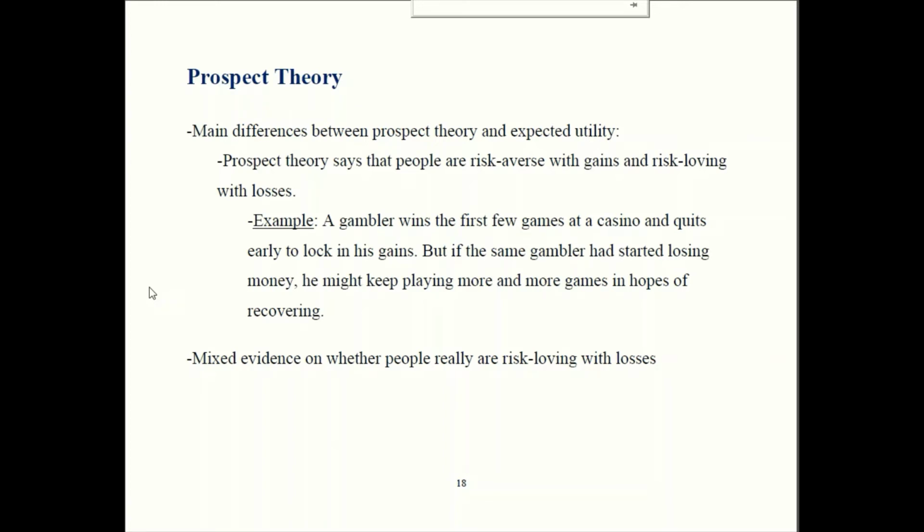That's a difference with expected utility. Expected utility, in particular with diminishing marginal returns, says you should always be risk-averse, looking at a gain or a loss. Prospect theory says instead you're risk-averse with gains only and risk-loving with losses.